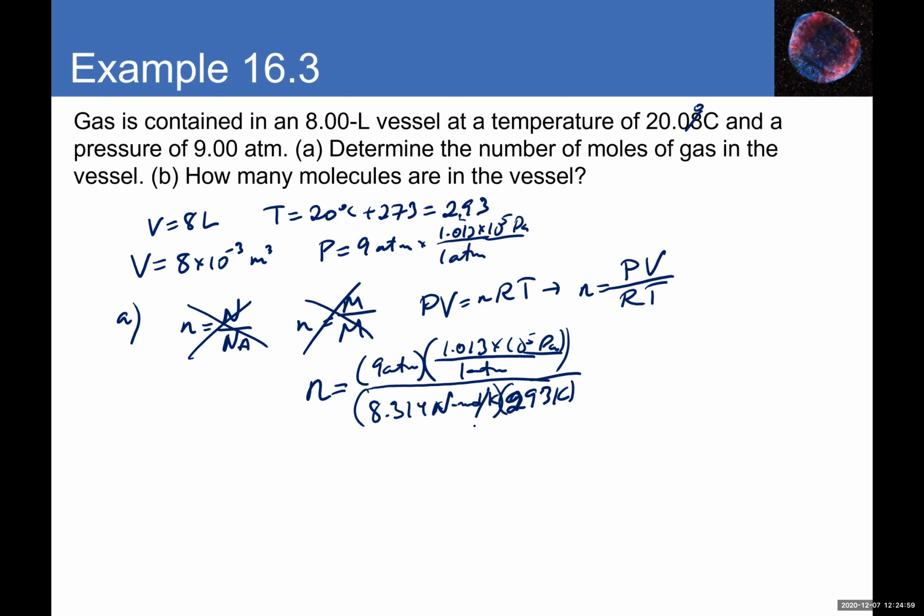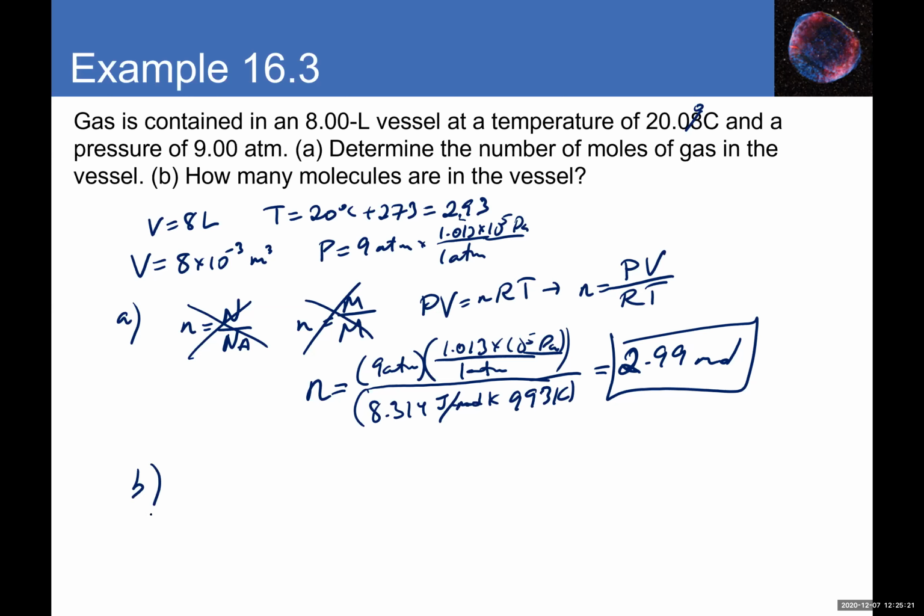This will be per Kelvin. So it's joules per mole Kelvin. All right, so if I calculate this, I'm going to get 2.99 mole. Okay, so plug in everything and calculate to get 2.99 mole.